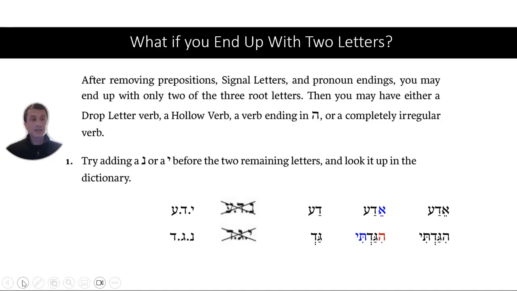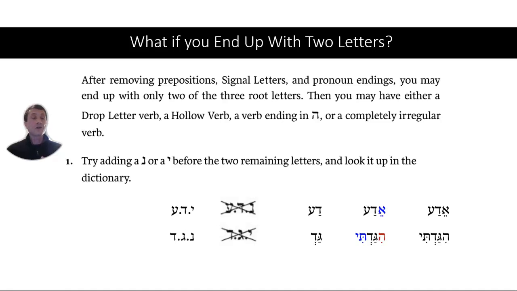Now, here's another question. What happens if you do all that? You're removing everything that has to be removed, the signal letters, the pronoun endings, and you only have 2 root consonants left. What's up with that? Well, if that's the case, and this happens quite often in Hebrew, you either have a drop letter verb, like it could be a first noon or first lamed.